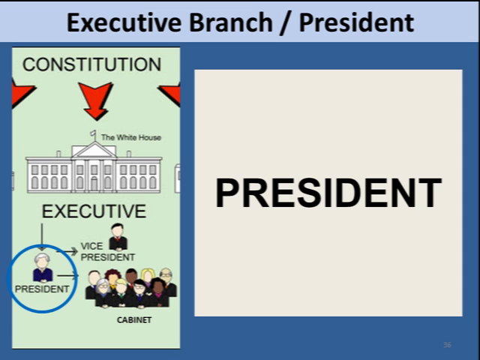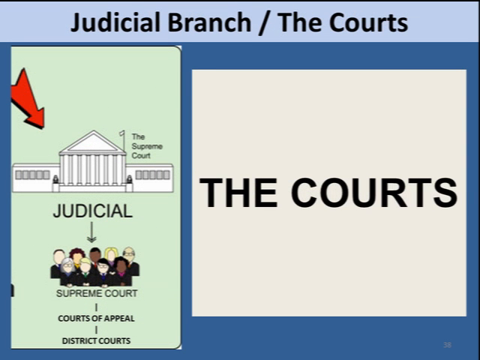The executive branch consists of the President, Cabinet, and numerous federal departments and agencies. The judicial branch is also called the courts. The courts consist of 2 levels of federal courts and the Supreme Court. The Supreme Court is the highest court in the nation.